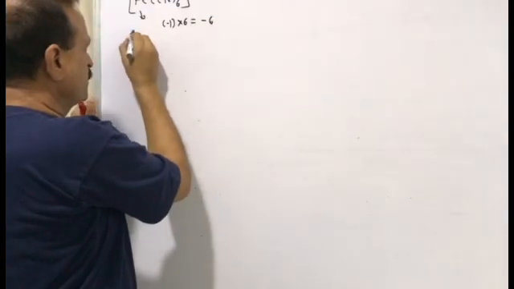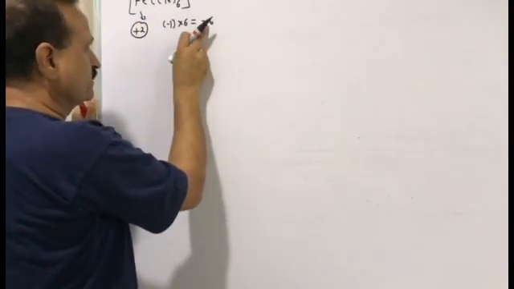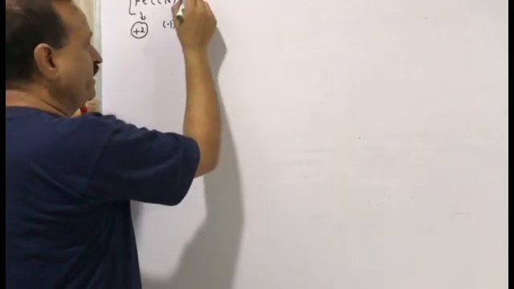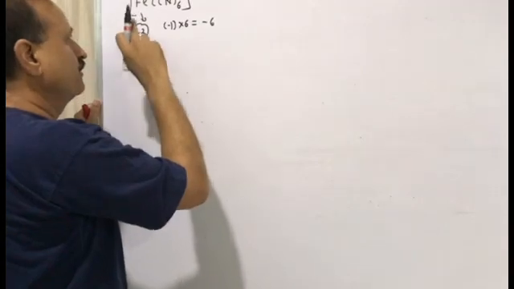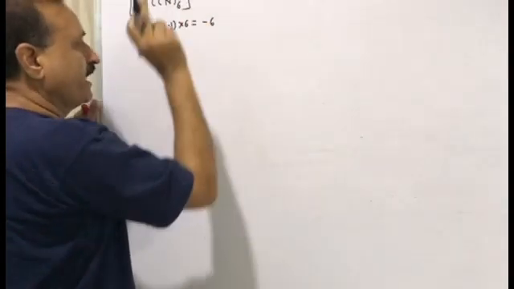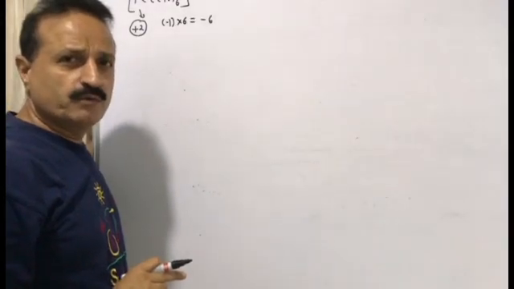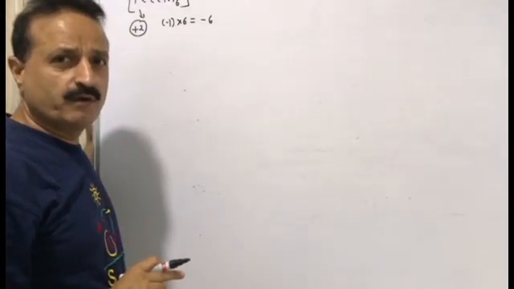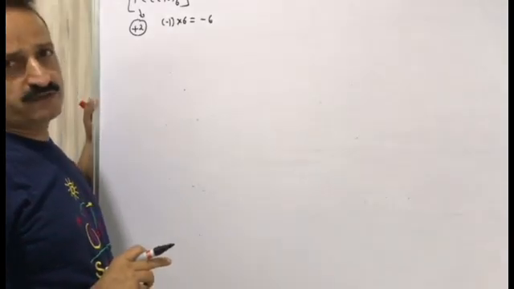So Fe must be 2 plus, otherwise 4 minus: minus 6 plus 2 gives 4 minus. So the oxidation state of ferrous iron is 2 plus.